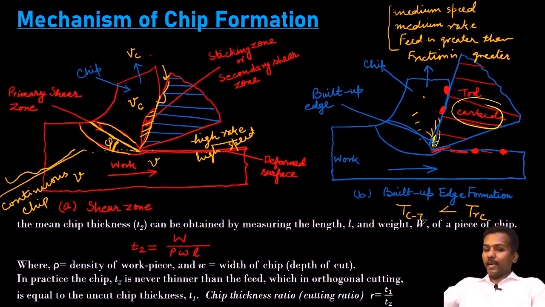Due to the high coefficient of thermal expansion of the steel, there will be more contraction in the built up edge, because the built up edge is the same material as the workpiece. While contracting, there will be an improper distribution of stresses, and it will fracture at the surface, and while fracturing it will eat up some material from the tool, so we can say that the tool life again will decrease.